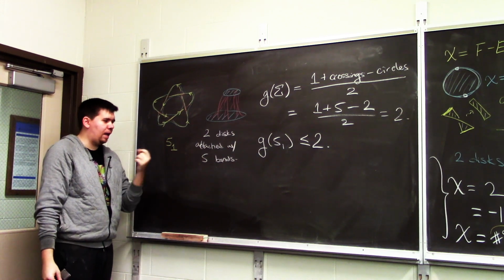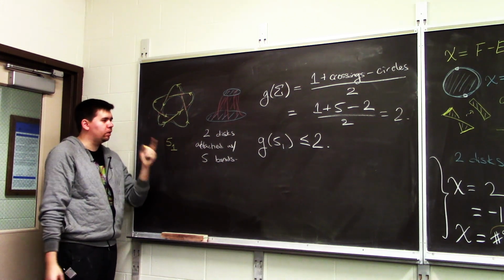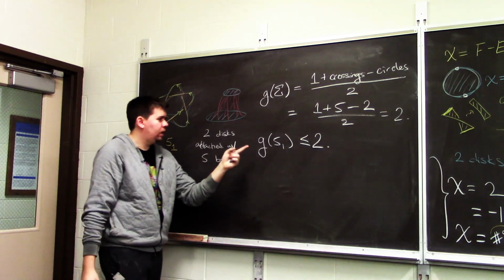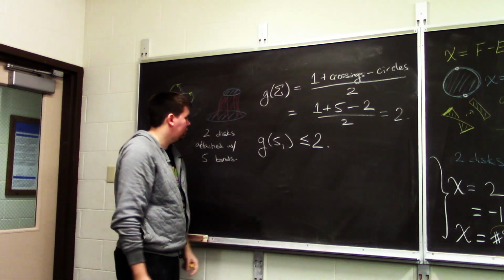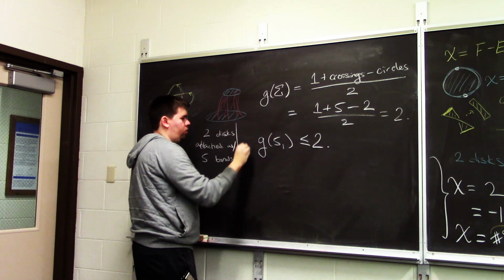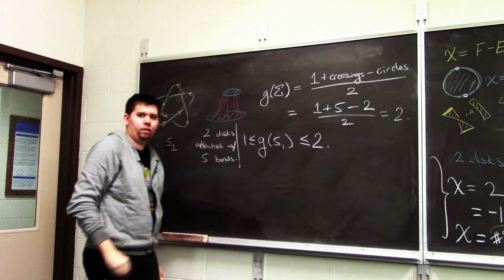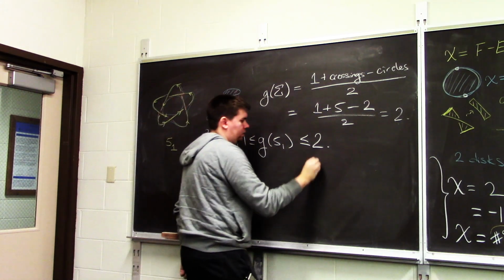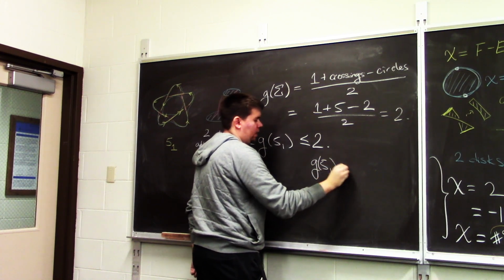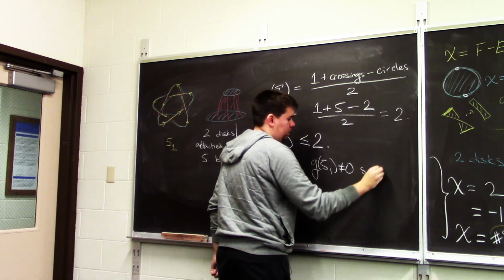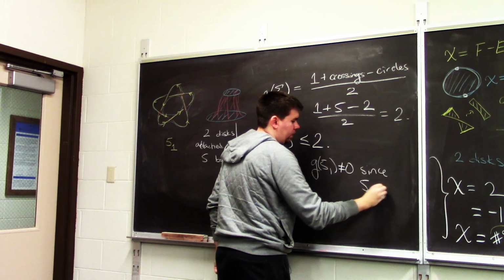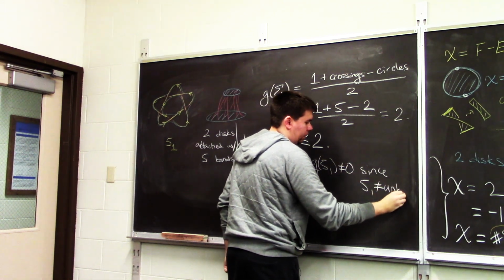How? We could look at the Alexander polynomial, the determinant, or colorability, or one of many ways to see that. And so we're down to 2 possibilities. It's either 2 or it's 1. We know that it's not 0, since 5_1 is not the unknot.